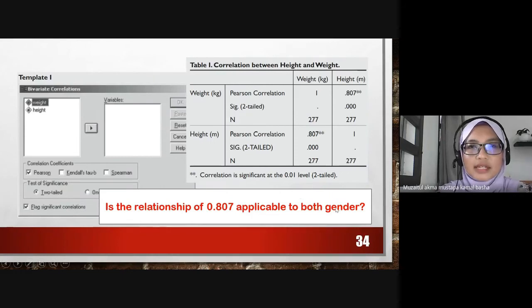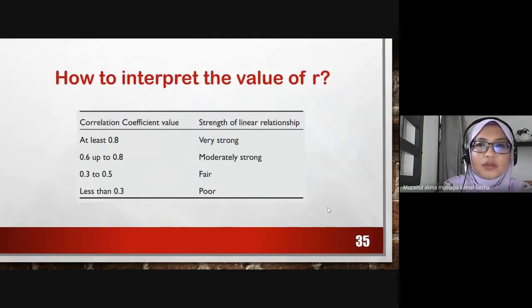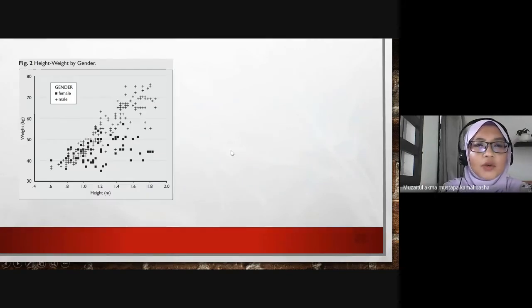But the further question is, is this relationship of 0.8 applicable to both genders? So now we try to analyze by subgroup analysis. First we can try to predict by doing the graph. From the graph, like I said just now, we go to legacy dialog and do this, and we found that the relationship seems to happen in both categories of gender, female and male.